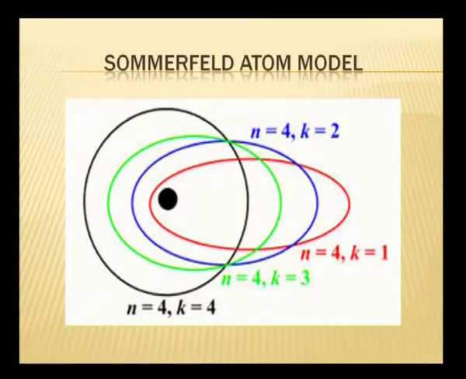Sommerfeld argued, why should the electron be revolving in a circular orbit alone? He introduced what is called the elliptical orbit theory. For a given n value, take n equal to 2. For n equal to 2, the electron will be revolving in a circular orbit, and it can also revolve in an elliptical orbit.